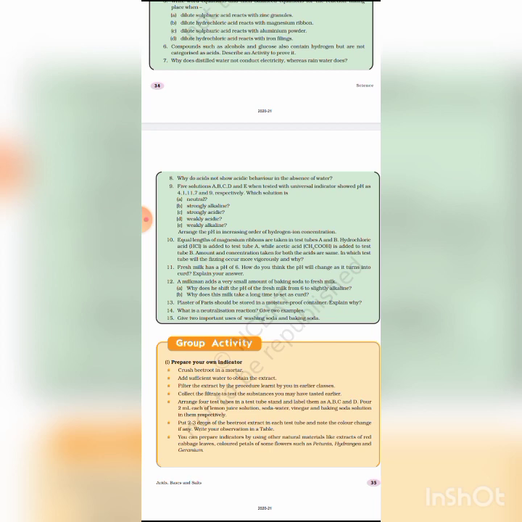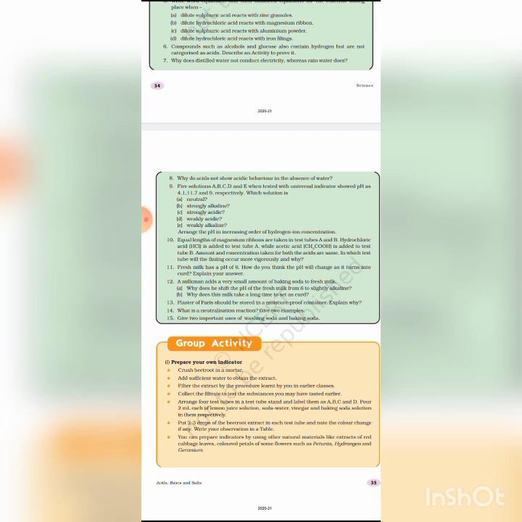Now we discuss compounds such as alcohol and glucose which contain hydrogen but are not categorized as acids, because although alcohols and glucose contain hydrogen, they are not ionized to give H plus ion in the solution. Okay, so they are not considered as acids.